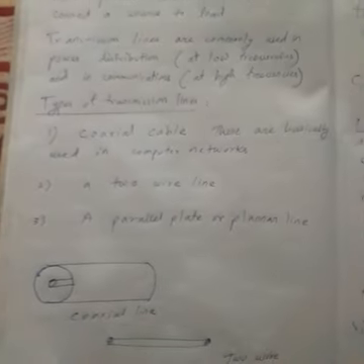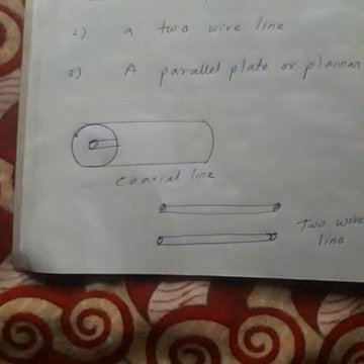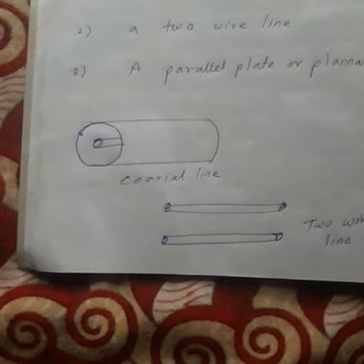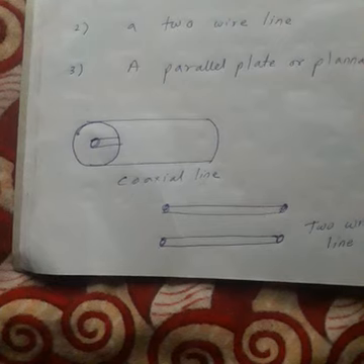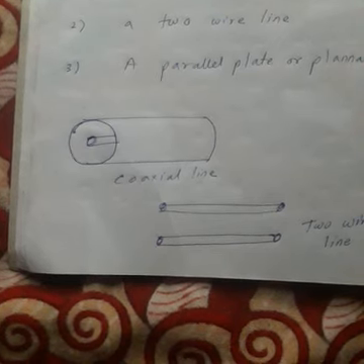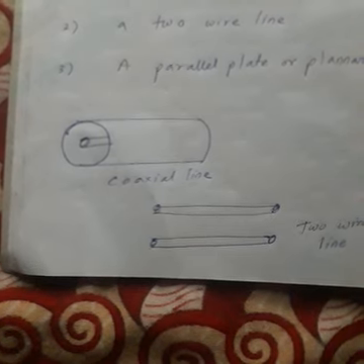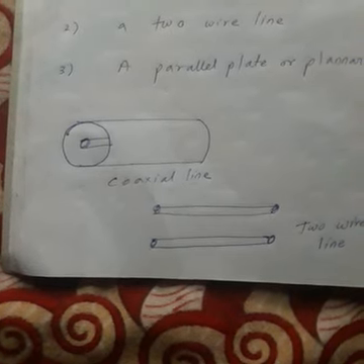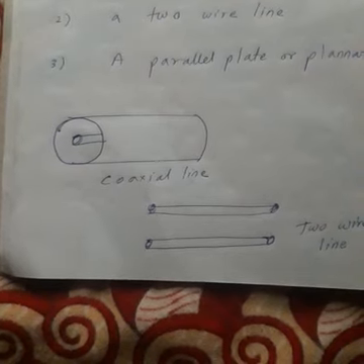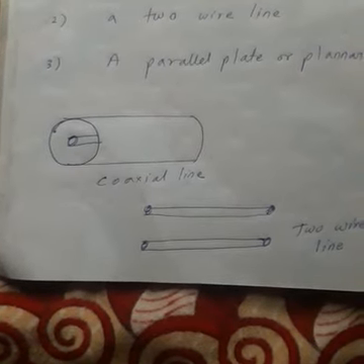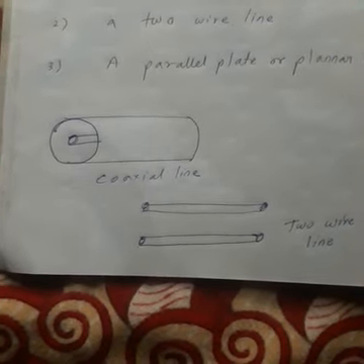Okay, so now look at the figure. The first figure is that of a coaxial line. In the coaxial line you can see that there is a cylinder, and inside the cylinder there is another wire, as if the wire is on a common axis. The cylinder is the upper conductor and the conductor inside is the second or lower conductor. Coaxial means both have the same axis, so that is why it is called coaxial.